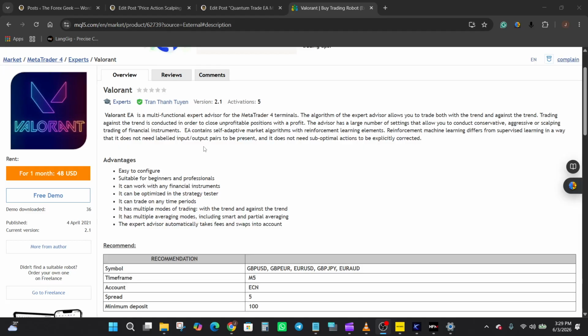The developer mentions multiple trading modes, including conservative, aggressive, and scalping style approaches. So rather than being a single fixed strategy, it looks more like a configurable framework that adapts based on user settings.